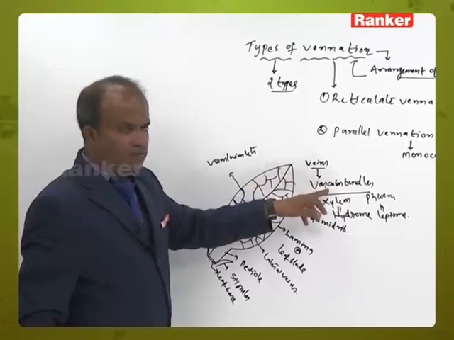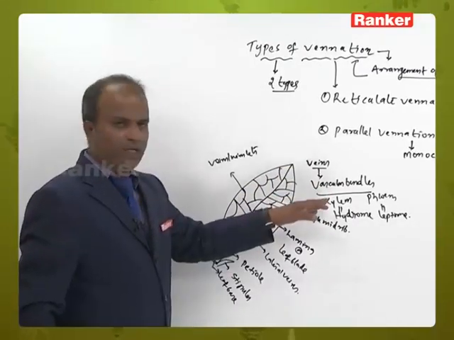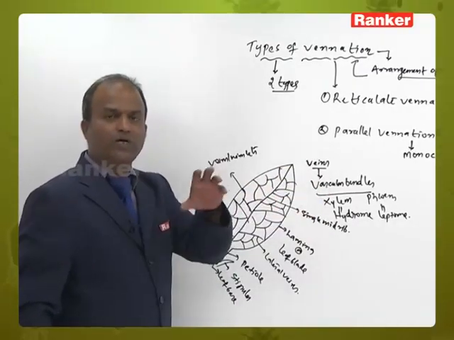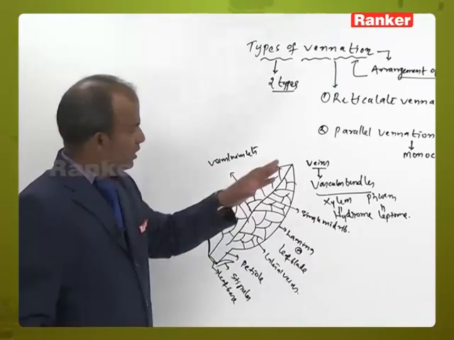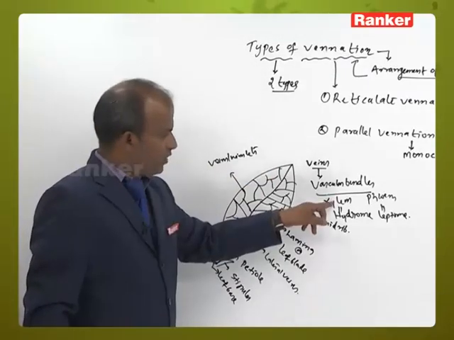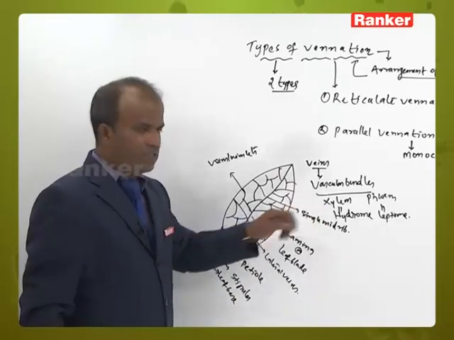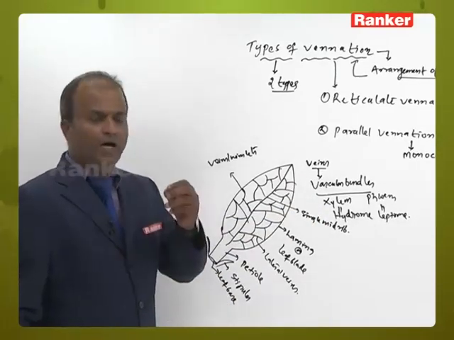These veins, being vascular bundles, play an important role in the transport of water and minerals from the stem to the leaf. That is performed by xylem. And what is its other name? Hydrome.